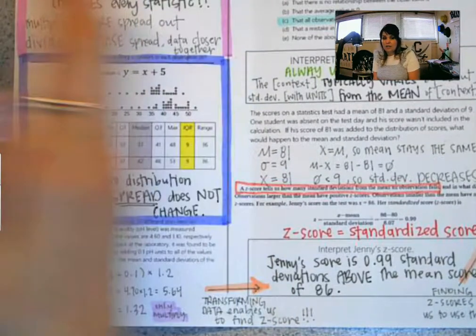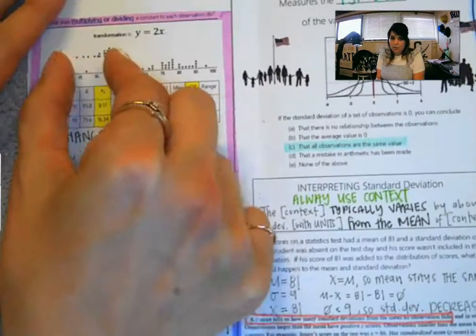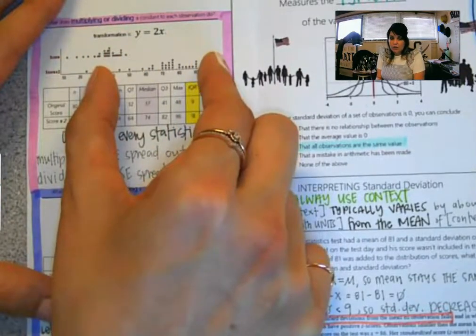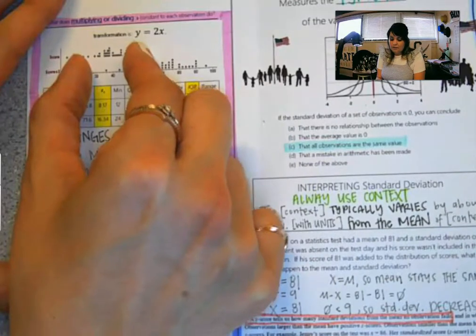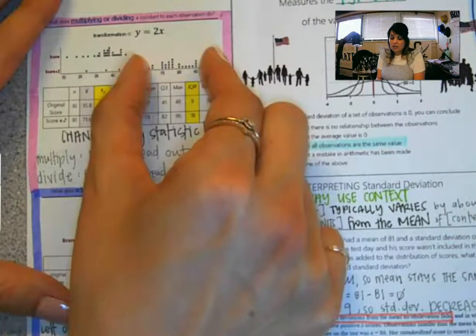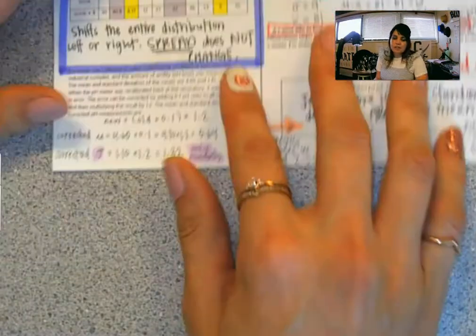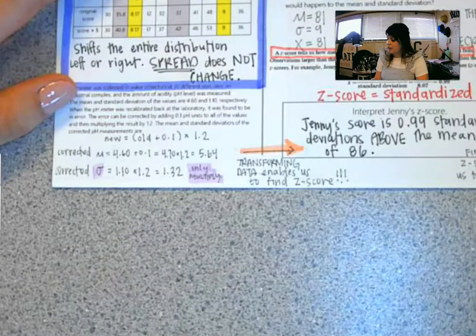It's not going to change the width of your data, so it's not going to spread your data out or smush it back up. All it does is pick up this entire data set and shift it. So spread doesn't change. Well, how does that translate to most of the problems that you're going to get?